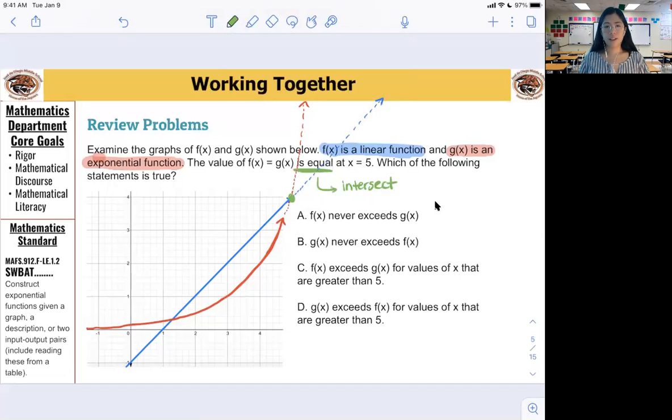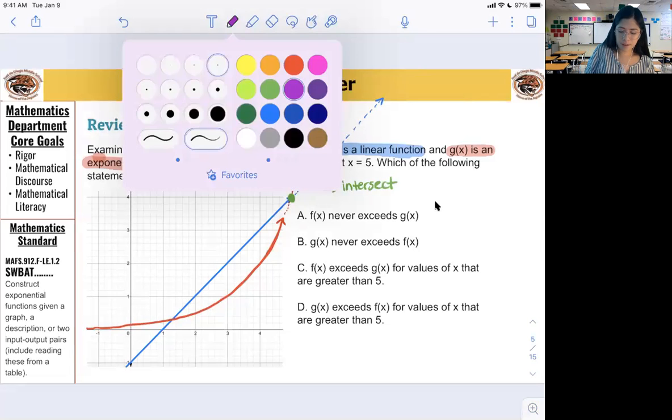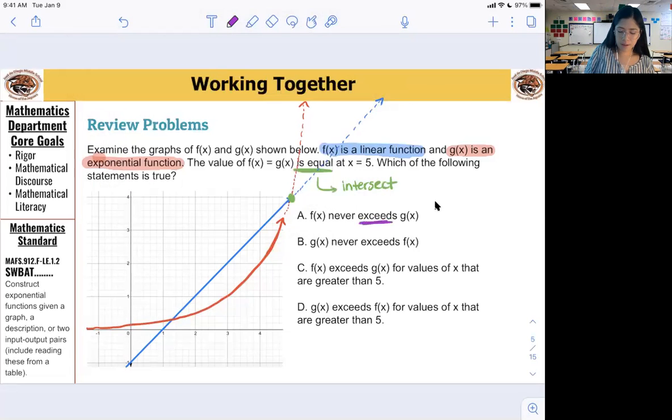So now let's look at these answer choices. We want to see which of the following statements is true. And remember, f of x is the linear function and g of x is the exponential function. Now, what does the word exceed mean? What does it mean to exceed?